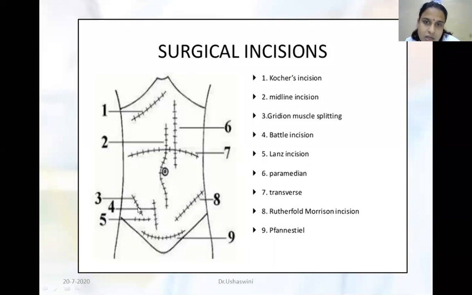It is the most common incision, which some of you must have seen when you come to the OTs or in the post-operative ward, you must have seen patients when we give this kind of incision. Can I expect an answer from you people?